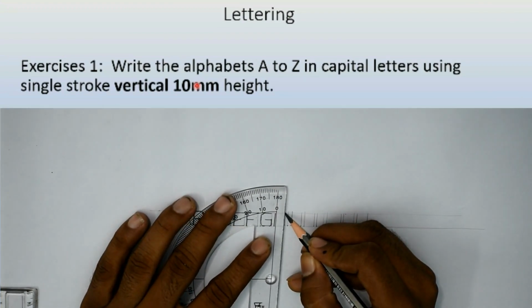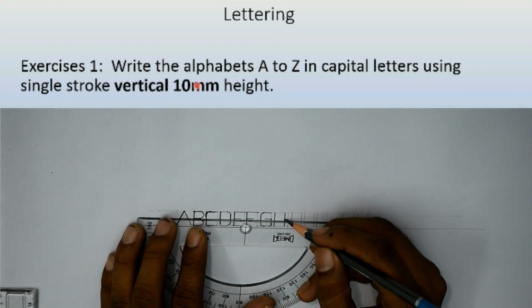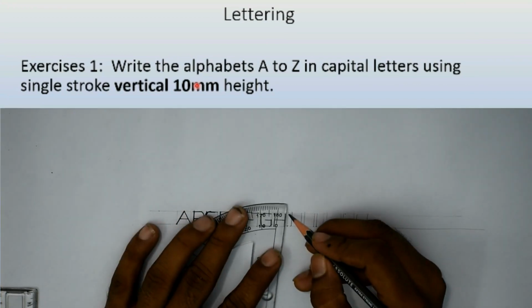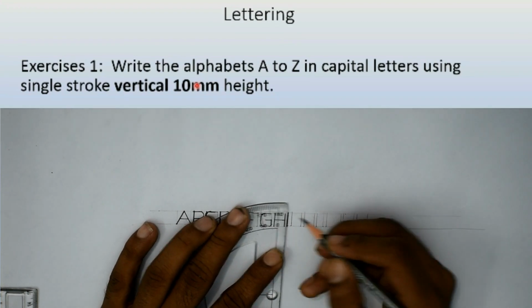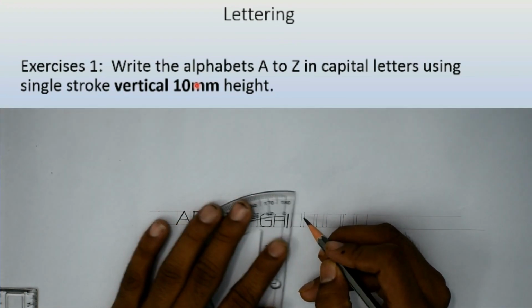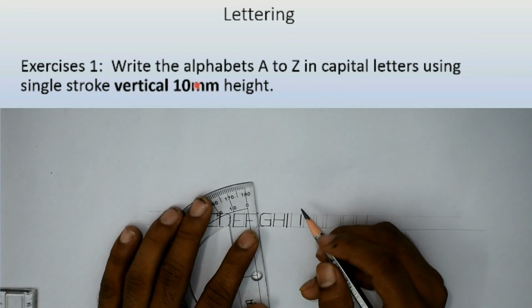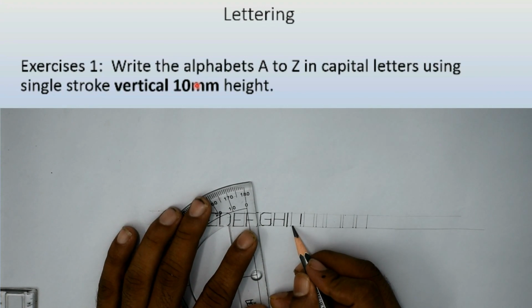Letter H, again easy. This is the letter I. For the letter J, you need to draw a line here and you need to take the curved portion here.